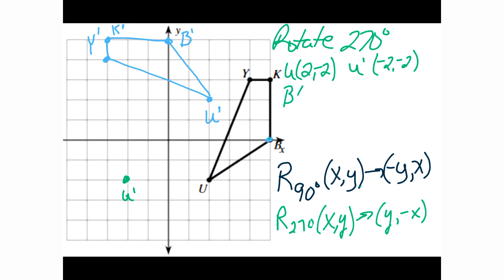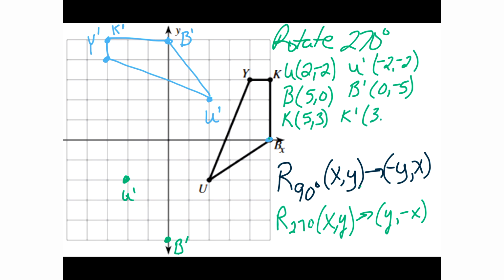B is at 5, 0. So B prime is going to be at 0, negative 5. So here's going to be B prime. Then we got K, which is at 5, 3. So K prime is going to be at 3, negative 5. So 1, 2, 3, negative 5. So here is my K prime.